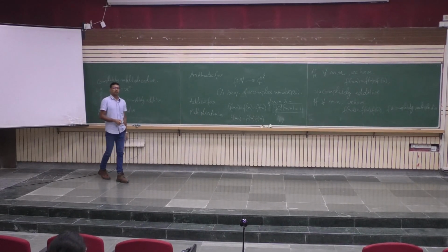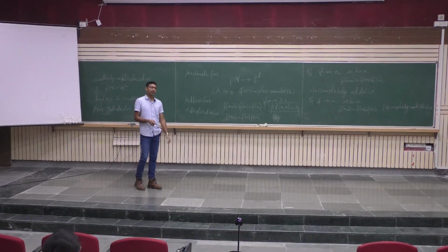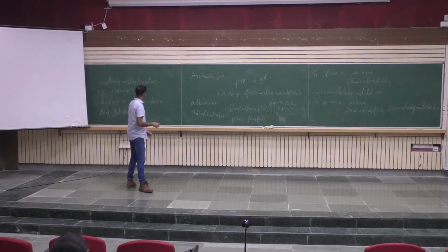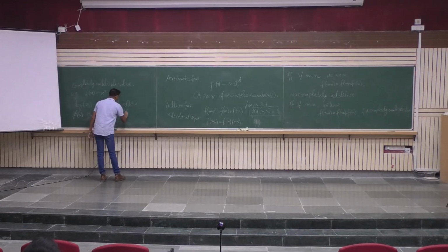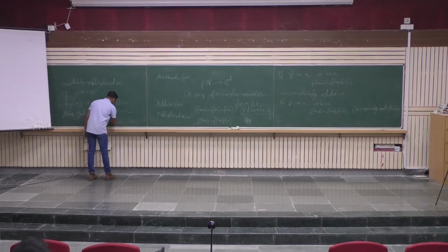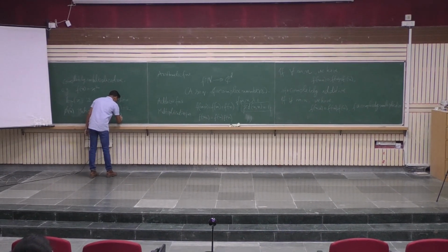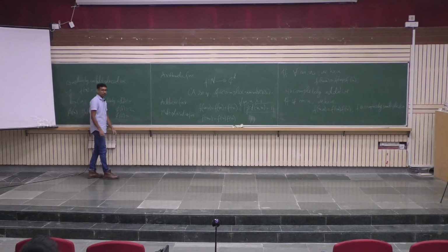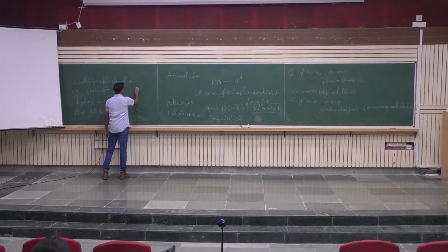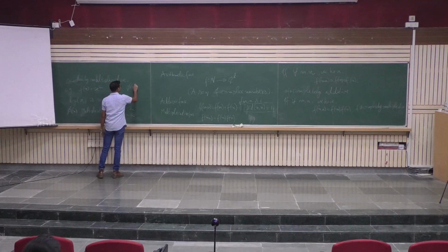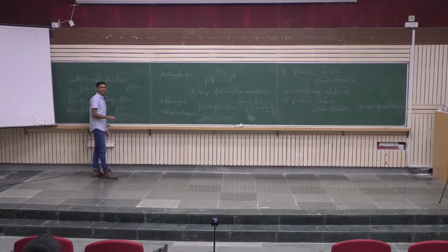Take 4 and 6, and 4 times 6. So phi of 4 is 2, and phi of 6 is 2 also, right? And phi of 24 is what?